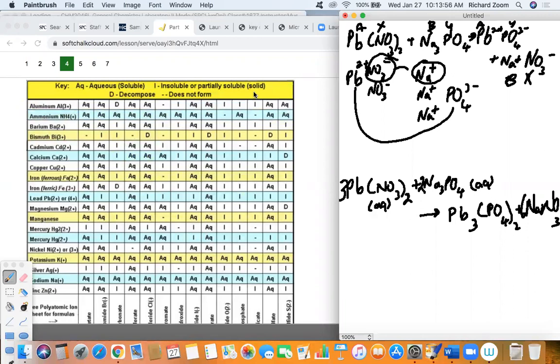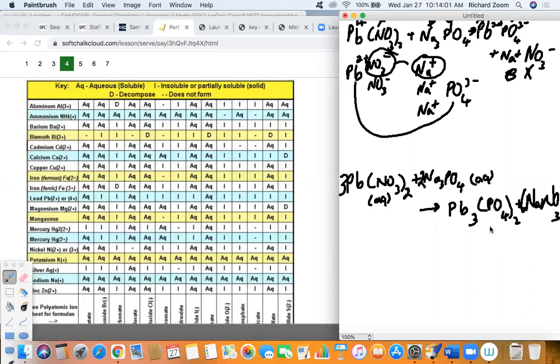So a solid is forming here. So we know that the solid we're getting is Pb3(PO4)2, the combination of lead and phosphate. The other one is going to be aqueous because it comes up with AQ where it crosses. So that's how we know which one's solid.